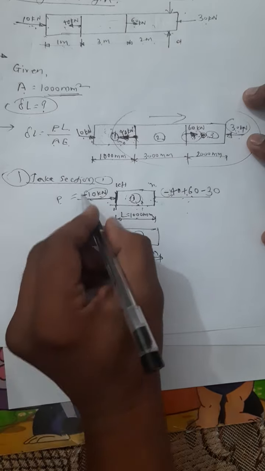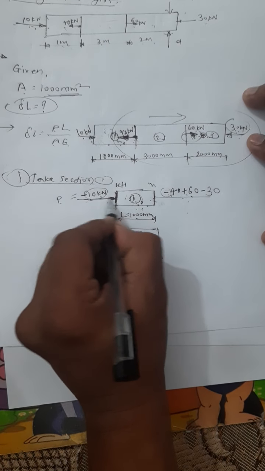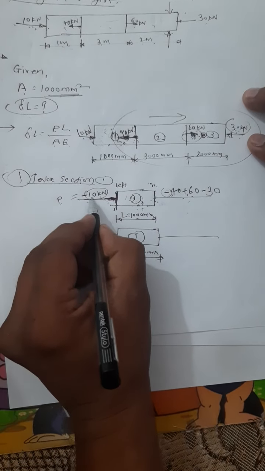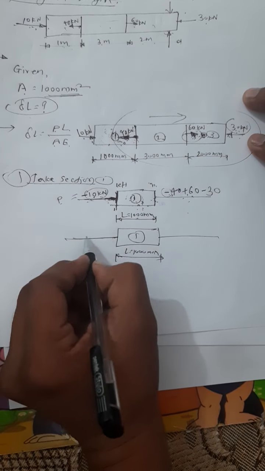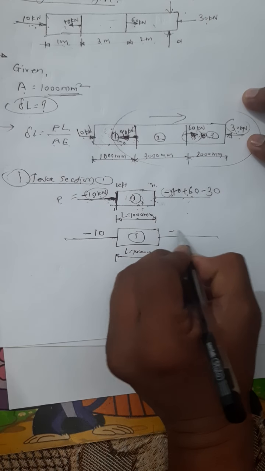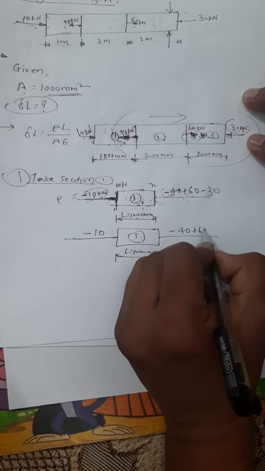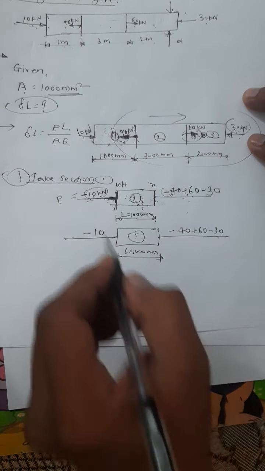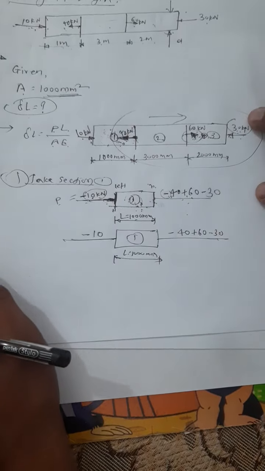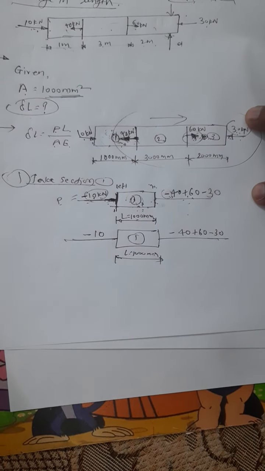So from the left side we have only one force, that is minus 10, and from the right side we have minus 40 plus 60 and minus 30, according to the direction with respect to compressing and pulling. You know very well, pushing and pulling.